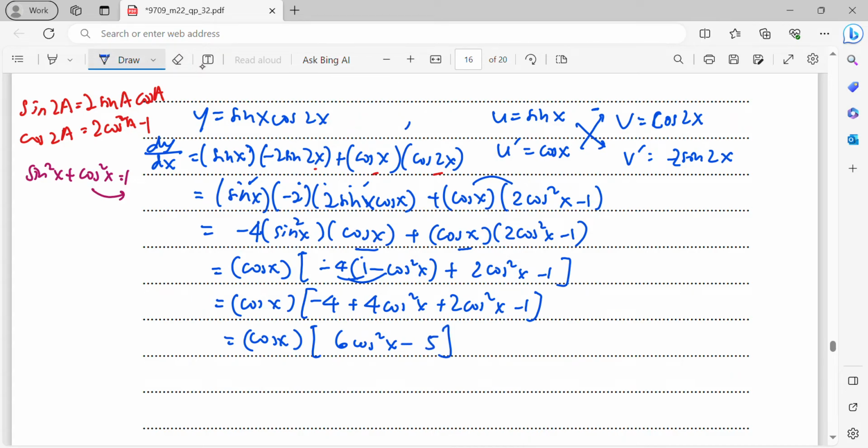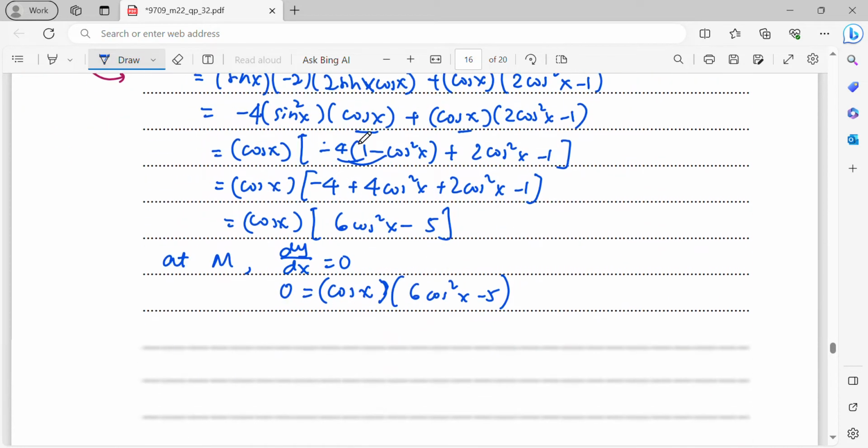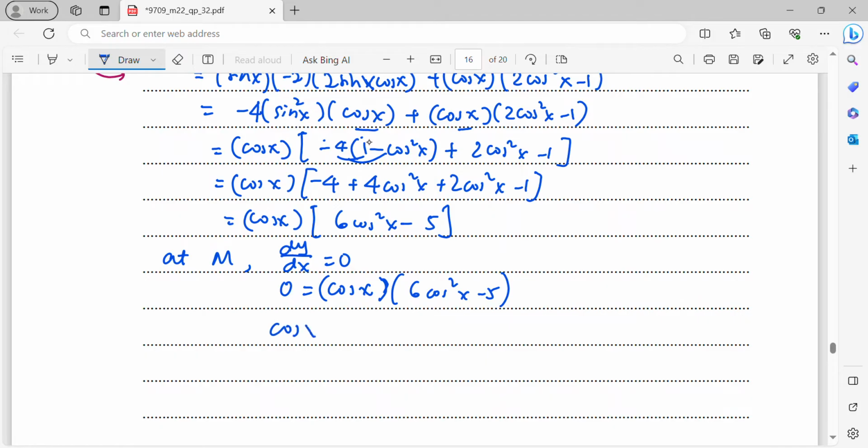Okay, then now I will say at M, dy/dx equals 0. That means 0 is cos x multiplied with 6 cos square x minus 5. Then now my cos x equals 0 or 6 cos square x minus 5 equals 0.